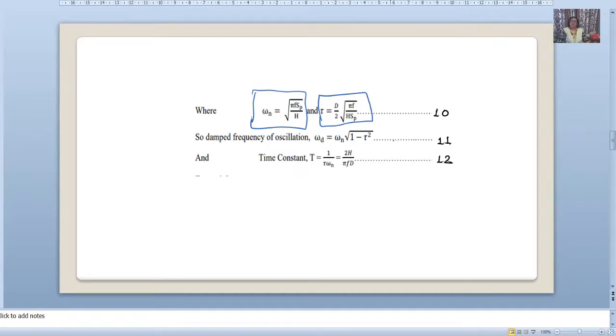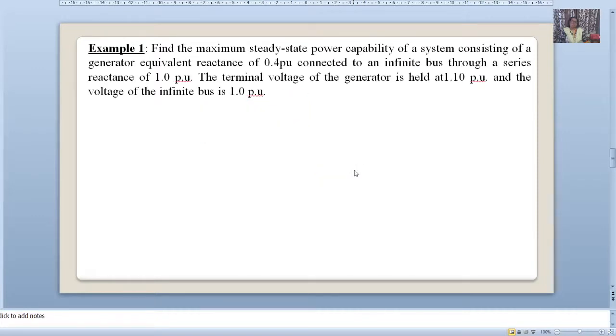So the damped frequency of oscillation omega d is equal to omega n under root 1 minus tau square. Time constant is 1 upon tau omega n. If you put the values of tau and omega n, then we get 2H by pi f D, where the damping term is included.